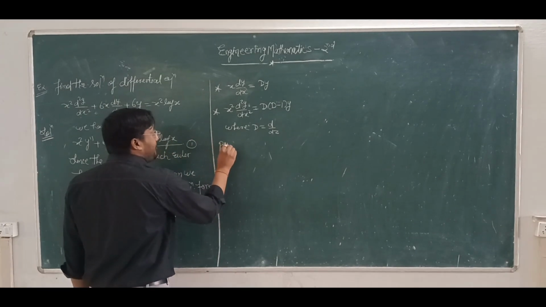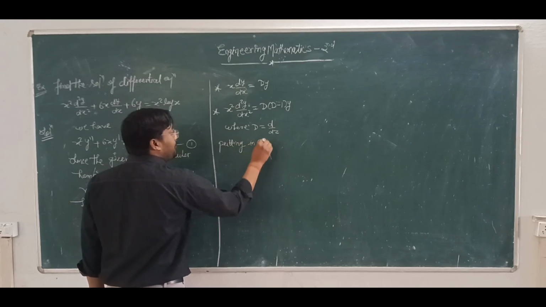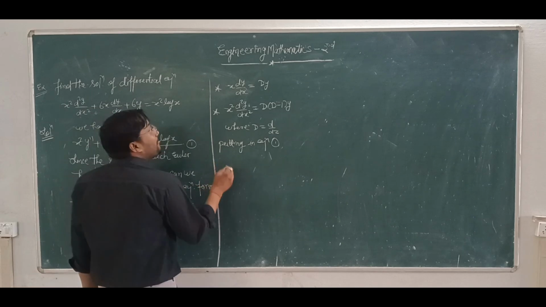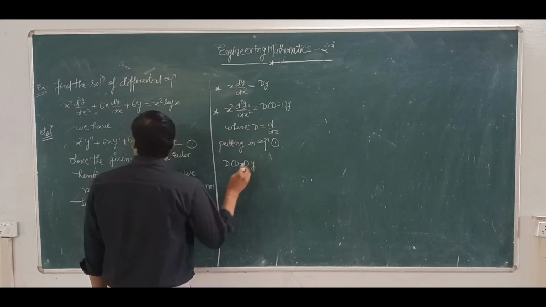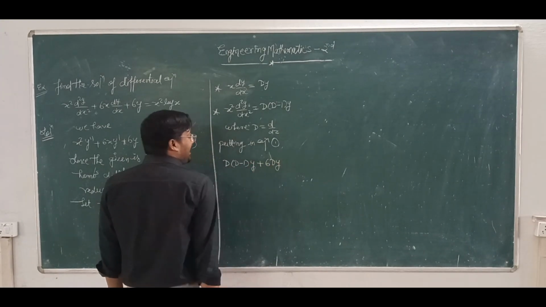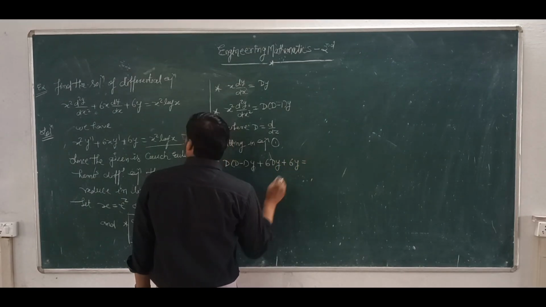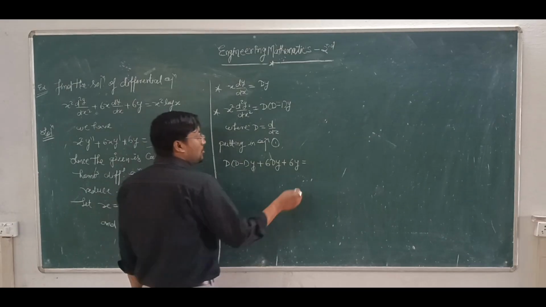Putting the value of these in equation first, you can write D(D minus 1)y plus 6 Dy plus 6y is equal to, put the value of x, this means e to the power 2z.